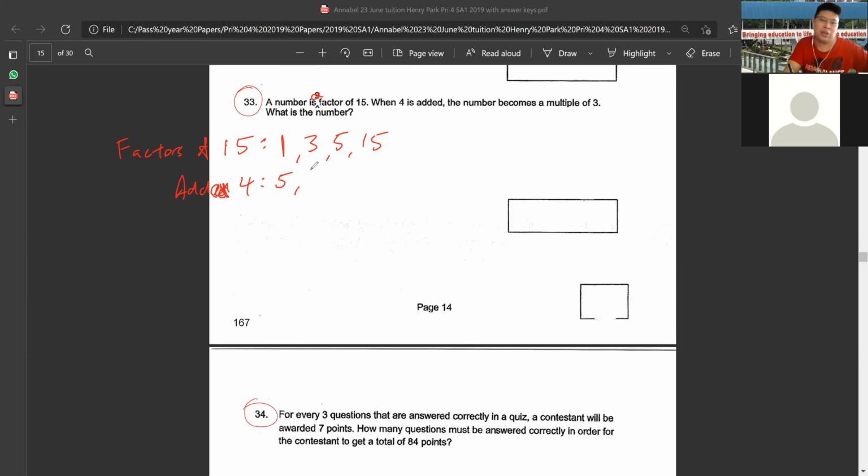Are you looking at the screen? 3 plus 4 is 7. 5 plus 4 is 9. 15 plus 4 is 19.